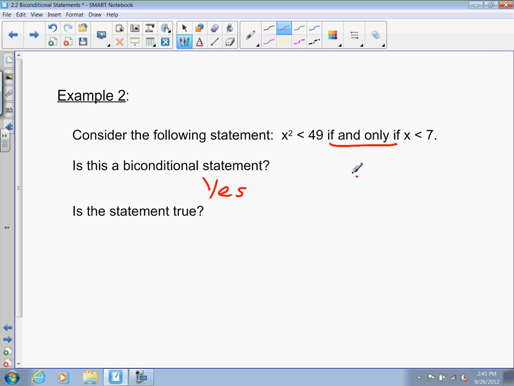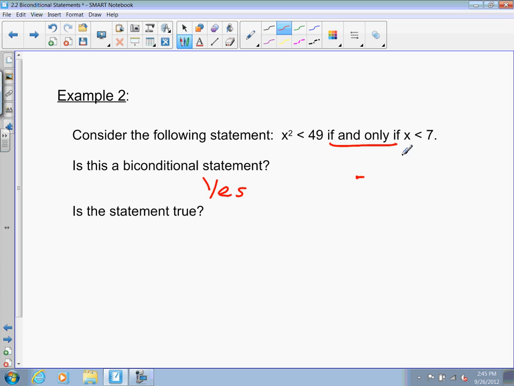And I'm thinking, well, what if I picked a negative number? Like -3. Well, -3 squared is 9. That's less than 49, and -3 is less than 7. That works. So, oh shoot, that didn't work. So try your whole numbers. If they don't work, try your integers, which would include negative numbers. You might have to pick different sizes. You could pick fractions to look for a counterexample.